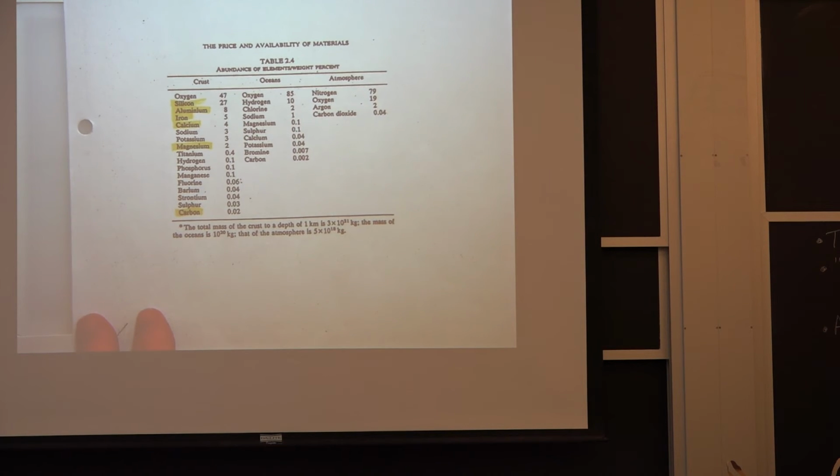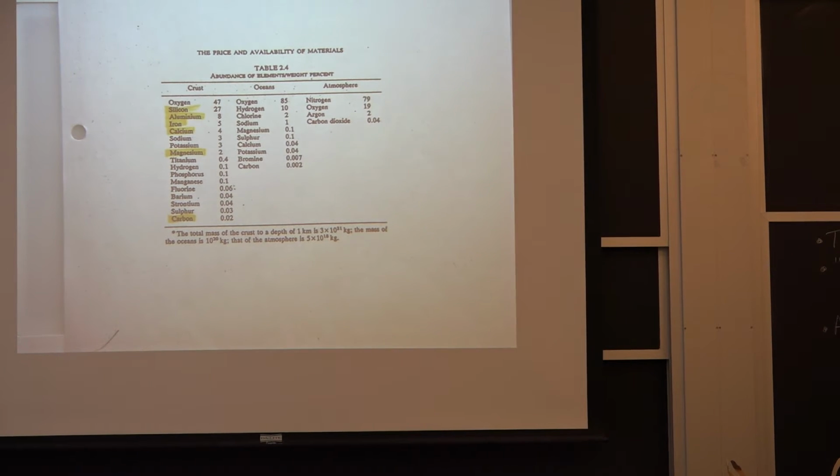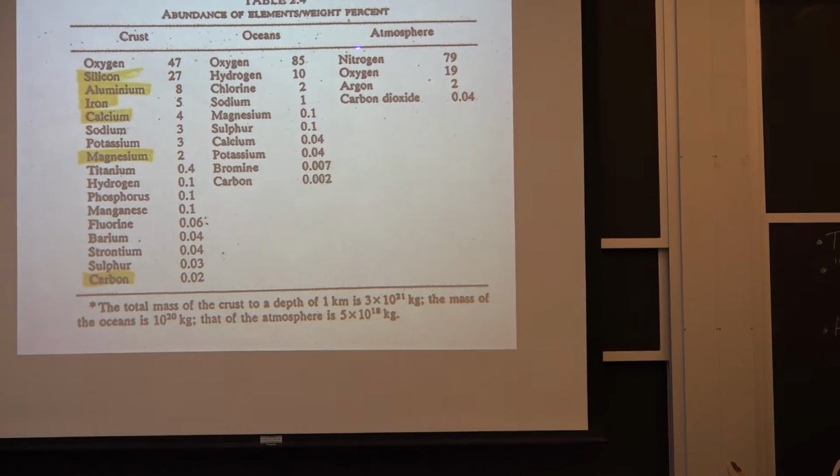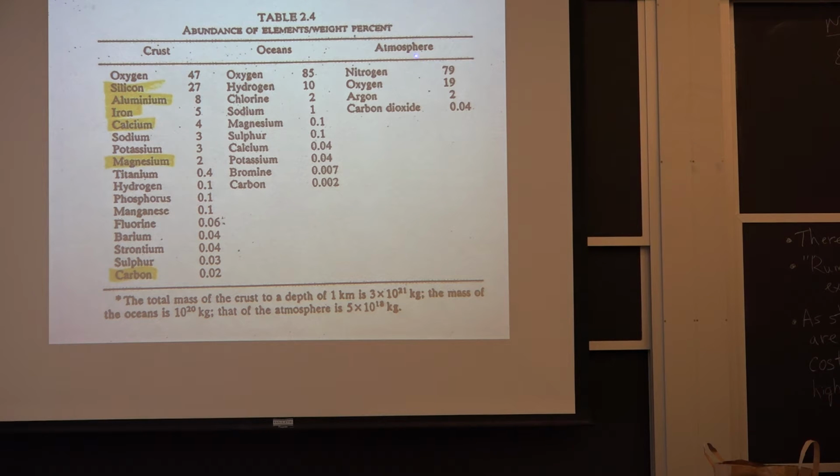Now, there'll be a handout, and this comes out of Ashby's book. His chapter 2 is the price and availability of materials. And if you look, he's got a plot in there of the availability, abundance of the elements in weight percent in the Earth's crust. Okay, actually atmosphere, oceans, and crust.